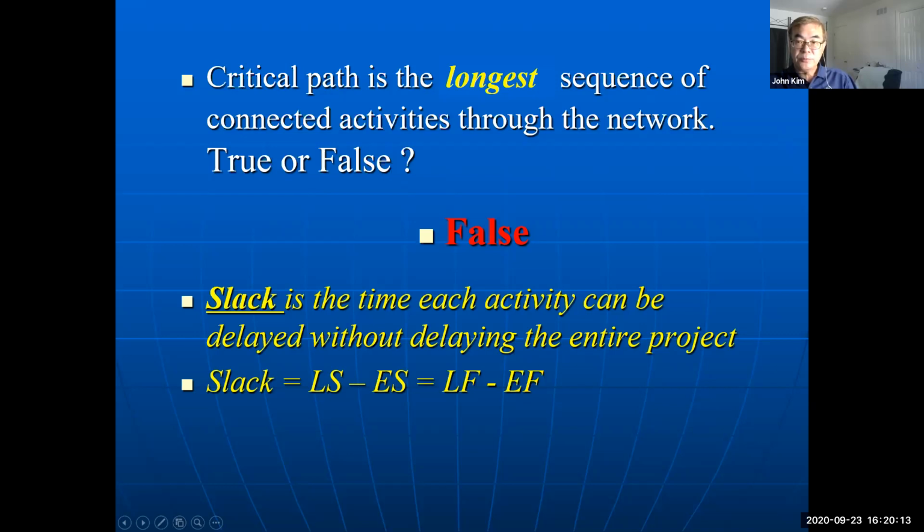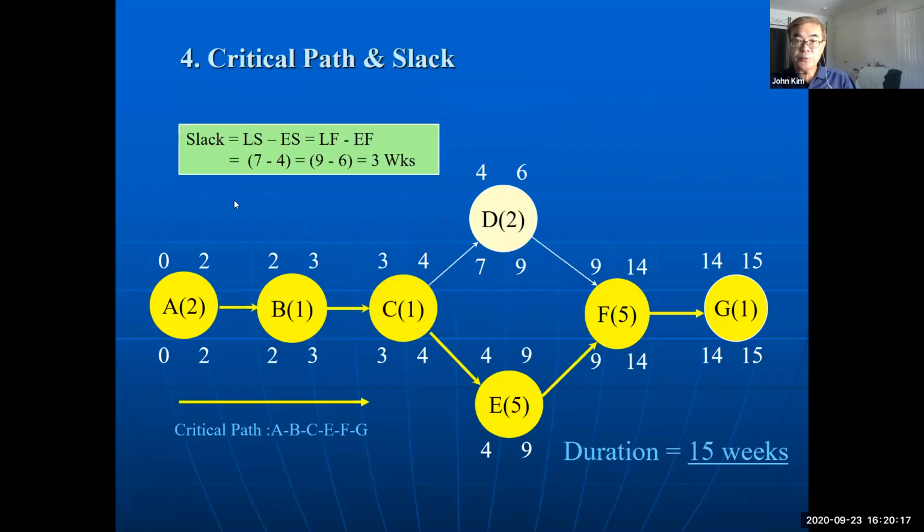So from our example, activity D: late start time is 7, early start time is 4, or late finish time is 9 and early finish time is 6.